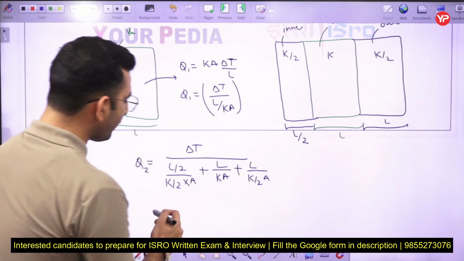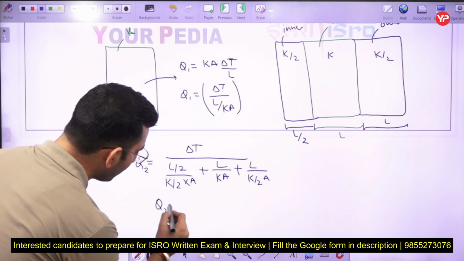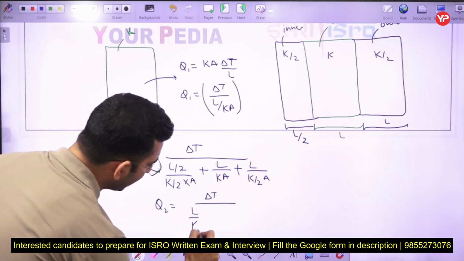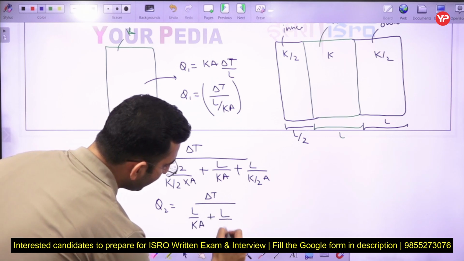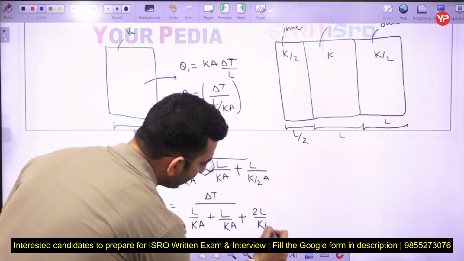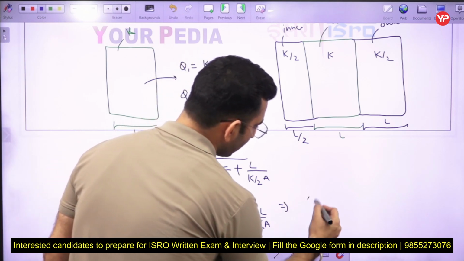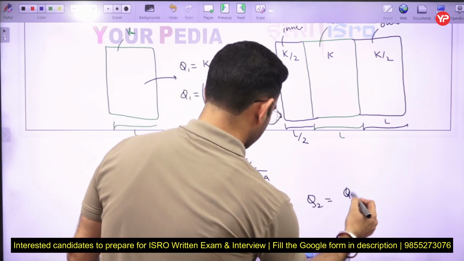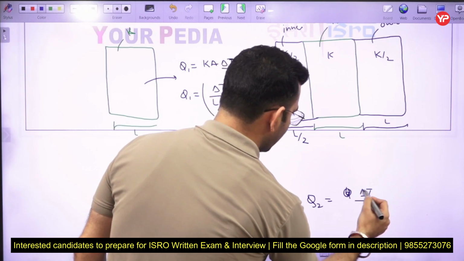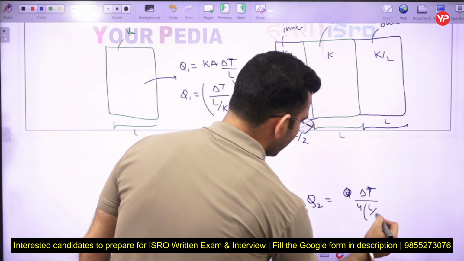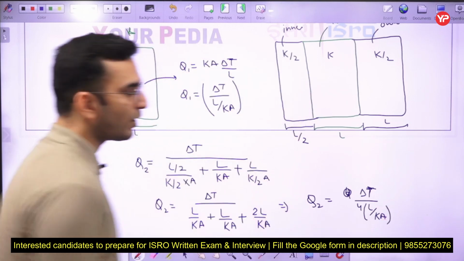If you simplify it further, Q2 is going to be equal to delta T by (L by Ka plus L by Ka plus 2L by Ka), so delta T by 4L by Ka.